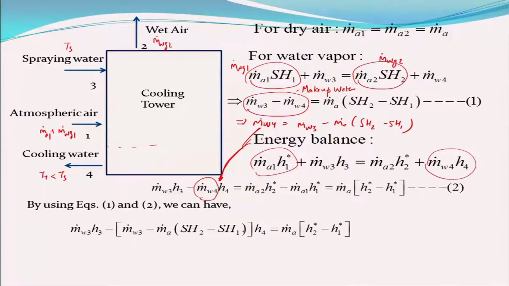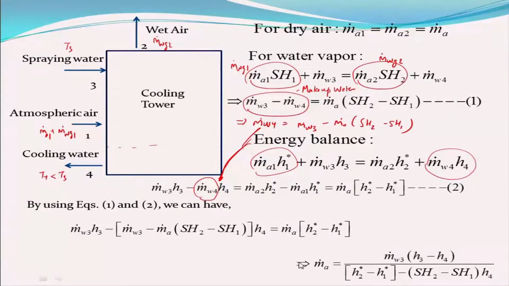Then I get this expression: m_w3 h3 minus the bracket, for the mass flow rate of water at station 4 into enthalpy at station 4, is equal to the change in enthalpy between station 1 and station 2.